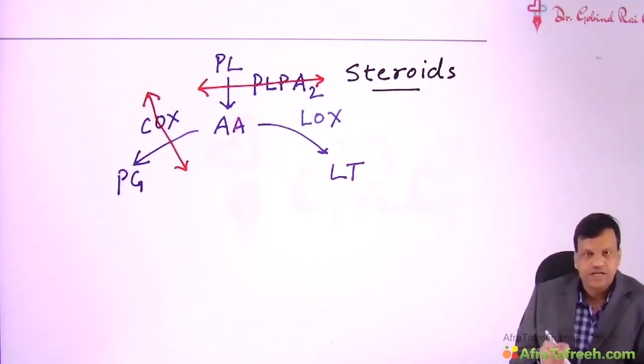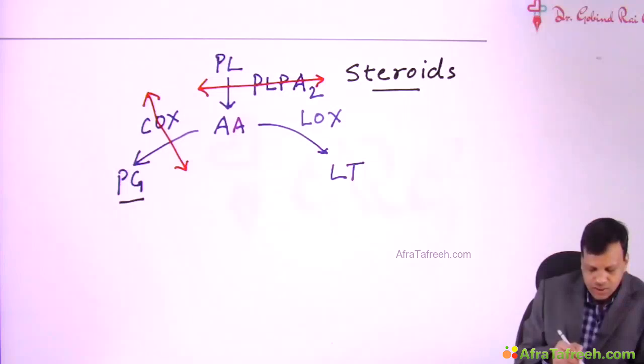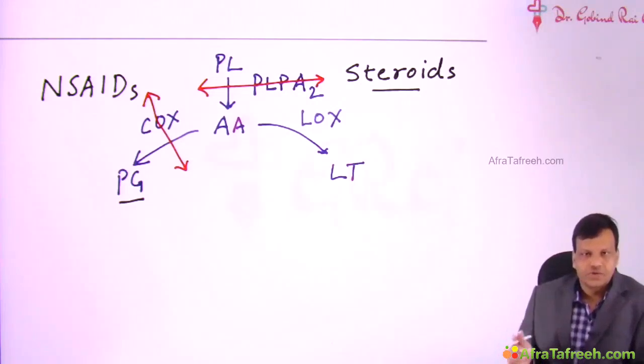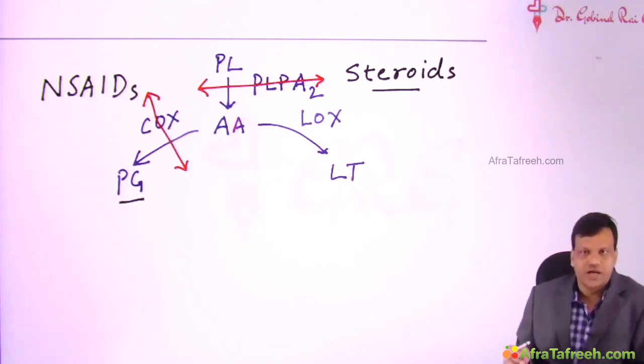On the other hand, if a drug inhibits cyclooxygenase enzyme, chemically they are not steroids and they are acting at one level below the steroids. These drugs are also anti-inflammatory because prostaglandins are not produced. So these drugs are called non-steroidal anti-inflammatory drugs, NSAIDs. So here we will mainly focus on non-steroidal anti-inflammatory drugs. Steroids we had already covered in the endocrine system.